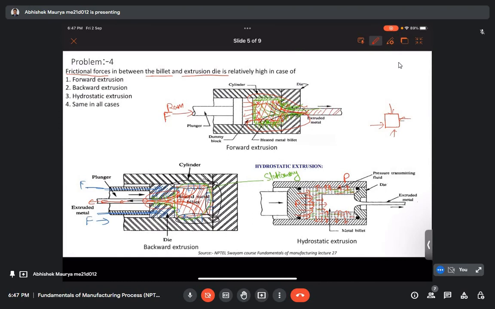That condition is known as the hydrostatic condition. So in all directions the billet is experiencing an equal amount of pressure.